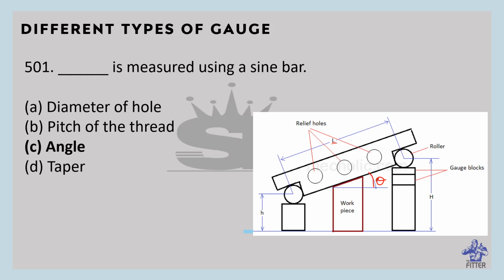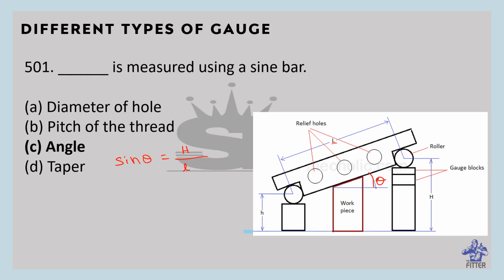So here sine theta equals the height of the gauge blocks upon the hypotenuse, which is L, the length of the sine bar. The length of the perpendicular is given by the height of the slip gauge, while the length of the hypotenuse is given by the size of the sine bar. Therefore, sine theta equals height of slip gauge upon length of sine bar.